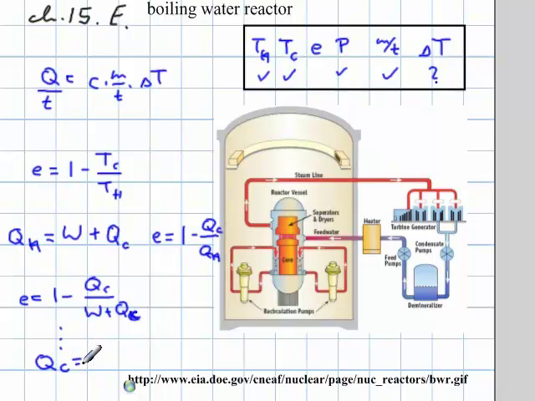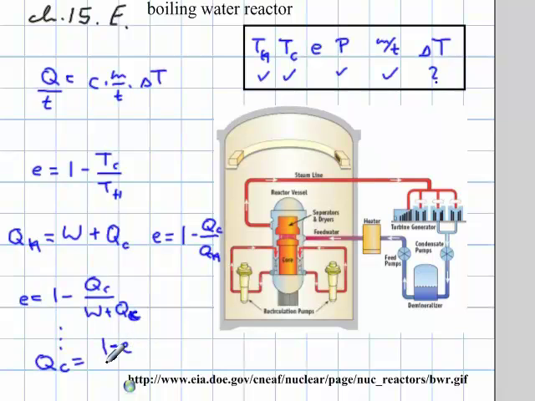I'm going to just do this here on the side for the next half minute, and in doing so, this is half a minute later, I multiply everything here with W plus QC, and then I do a little bit of algebra on this one here, and I come up with an expression that I believe is not too difficult.